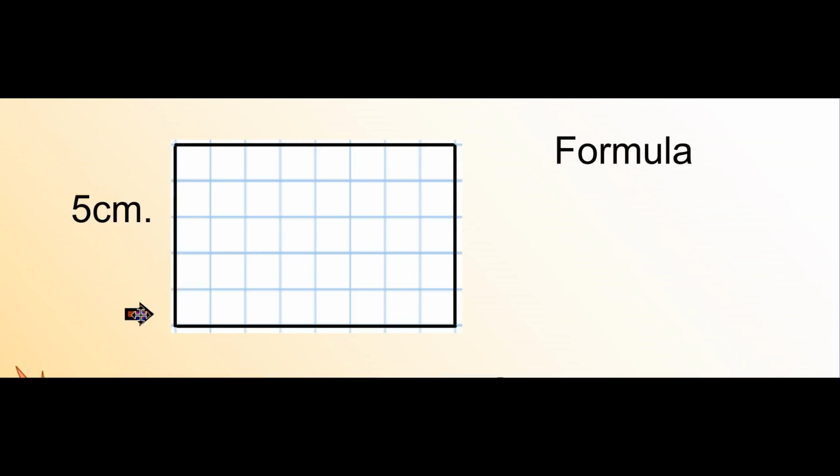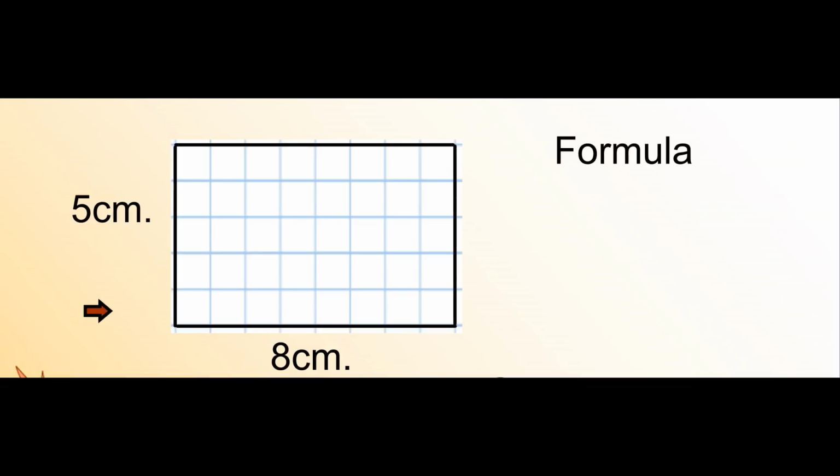Now, how many are in each row? 1, 2, 3, 4, 5, 6, 7, 8. So my width is 8 centimeters. If I have 5 rows with 8 in each row, that kind of makes me think of an array.